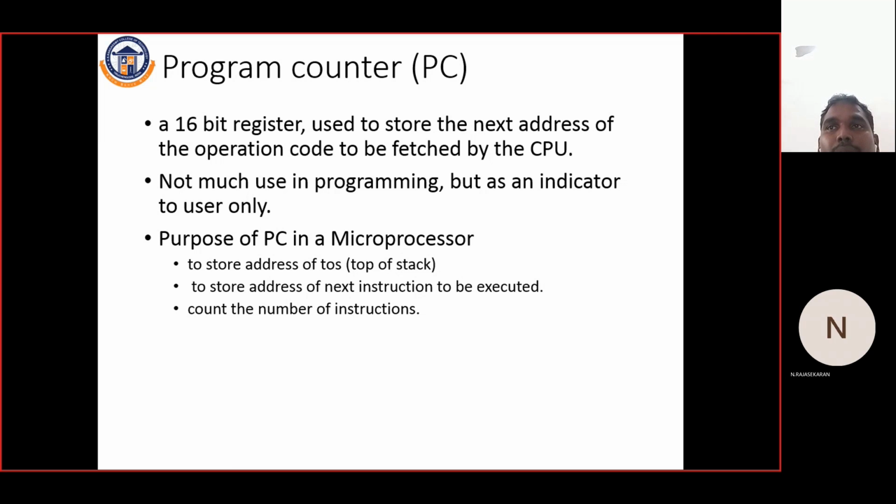It is not much used in programming, but serves as an indicator to the user only. The purpose of the program counter in a microprocessor is to store the address of the top of stack (TOS), to store the address of the next instruction to be executed, and to count the number of instructions. These are the things the program counter normally does in the processor.